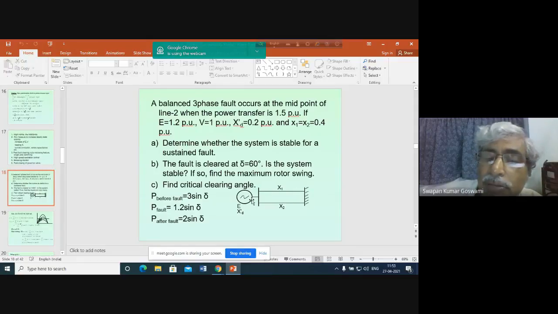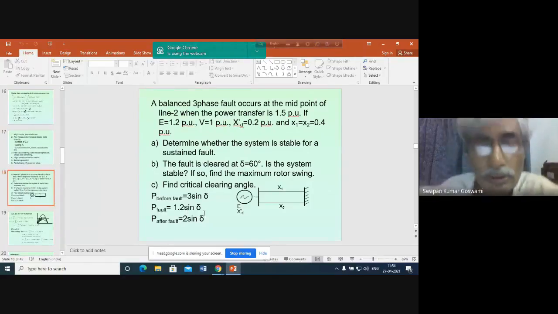Basically now from this point to this point, what is the transfer reactance? That you have to calculate. So this star you will be converting into delta, and to convert into delta you will be finding some reactance. So the voltage here, 1.2 into 1 divided by the transfer reactance, will come to be 1.2. In that way, the during-fault power angle curve is represented by 1.2 sine delta.